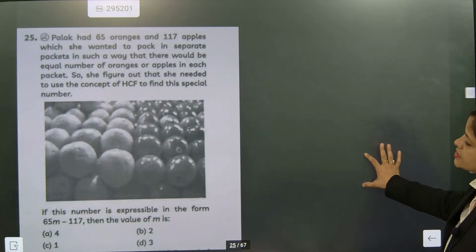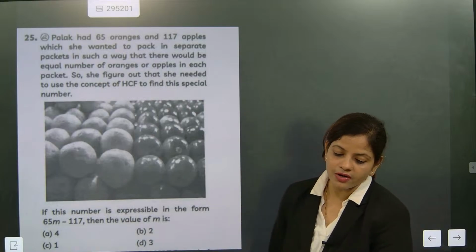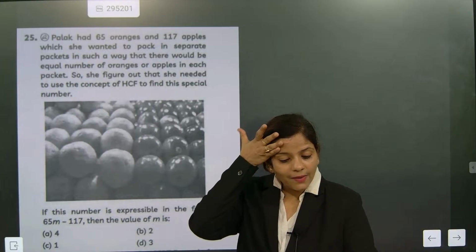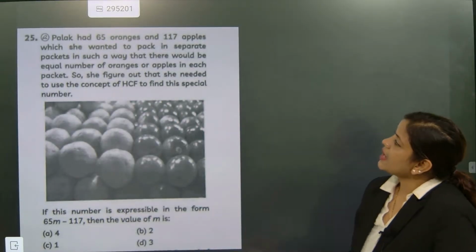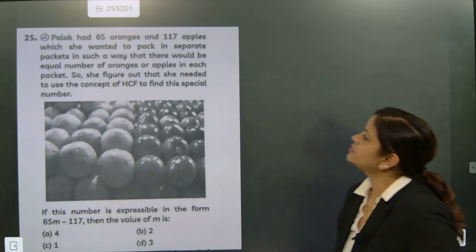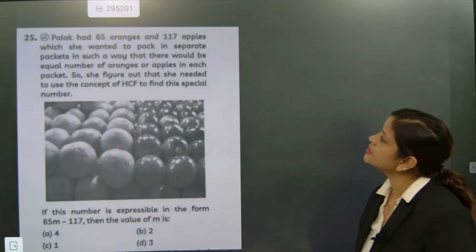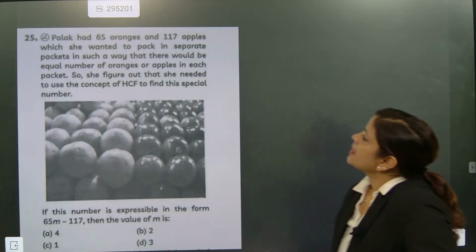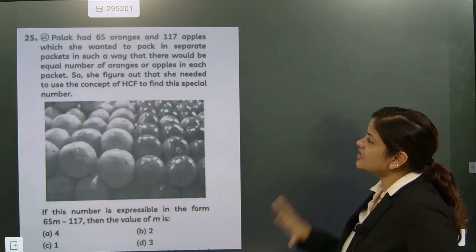Come on, solve this question. They're telling that this time it is already informed that application based questions will be there. So if application based questions are coming, they will be asking questions based on applications. Here you check. Palak has 65 oranges and 117 apples, which she wanted to pack in separate packets in such a way that there would be an equal number of oranges or apples in each packet.